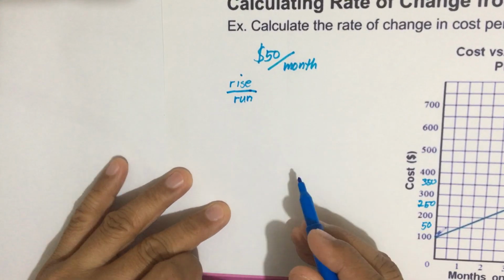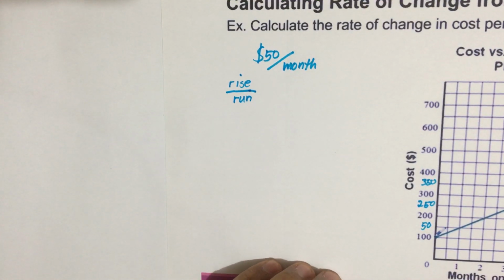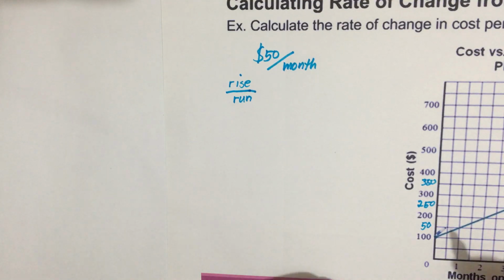Okay, so we'll use this idea here to find the rate of change of the cost versus month on the cell phone plan. The concept here is to select 2 points, any points on the graph. Just choose the points where you can easily read the corresponding value.